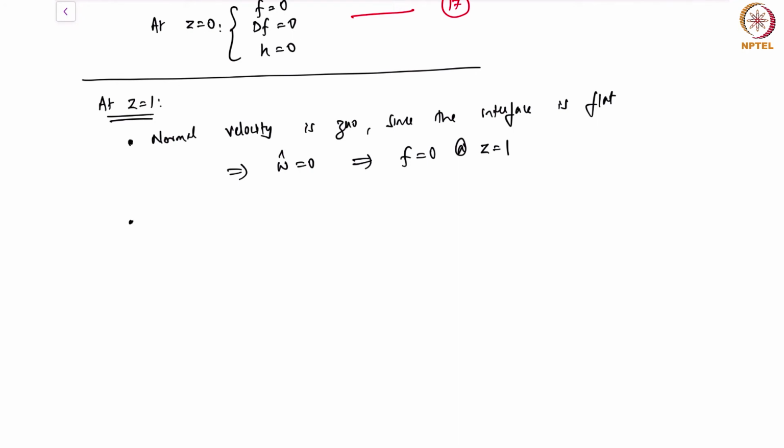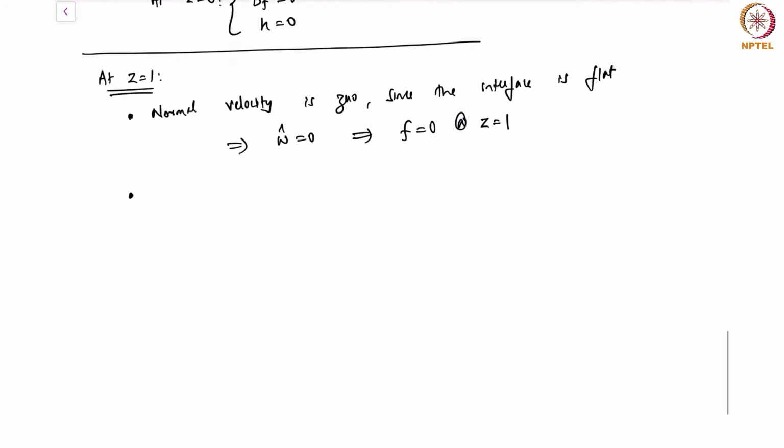This is the first condition. Now we also will have another condition, which is we will assume at z equal to 1 that Newton's law of cooling is valid. Newton's law of cooling has been rigorously shown to be a fairly good approximation for a wide range of conditions.